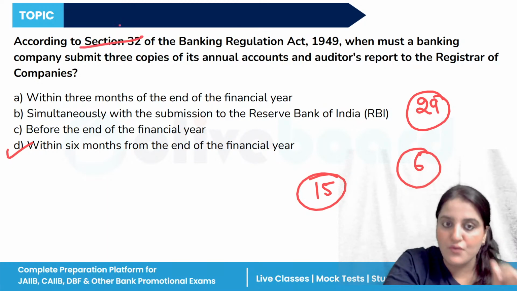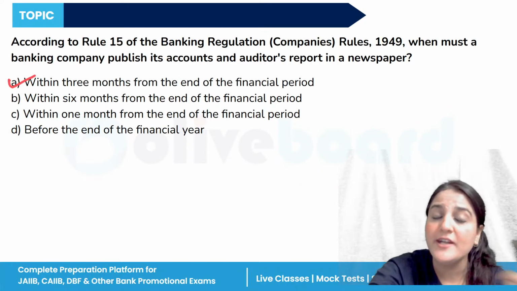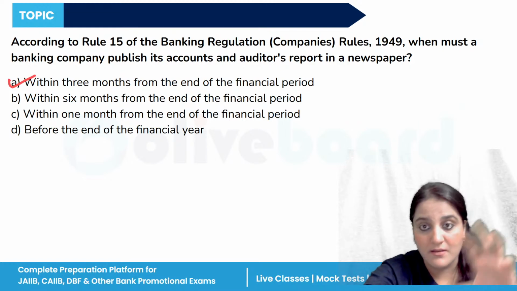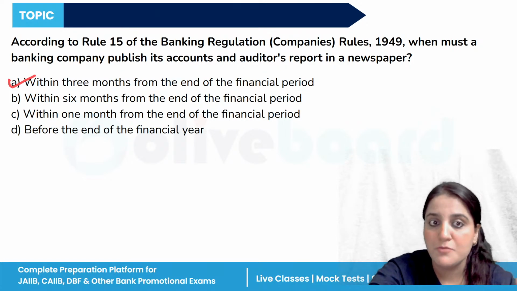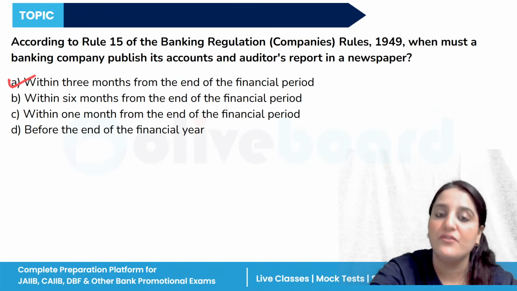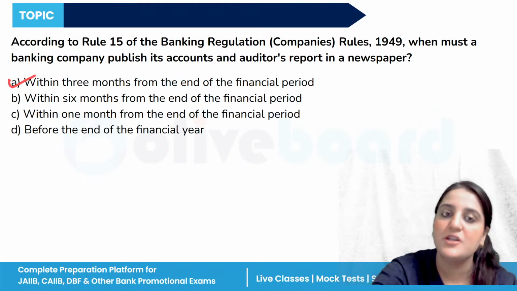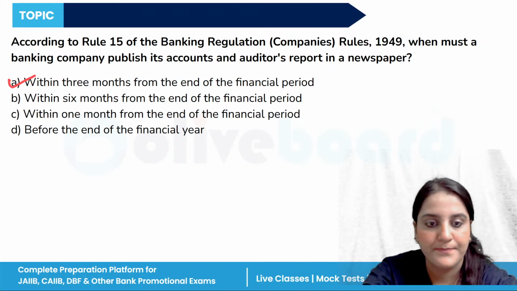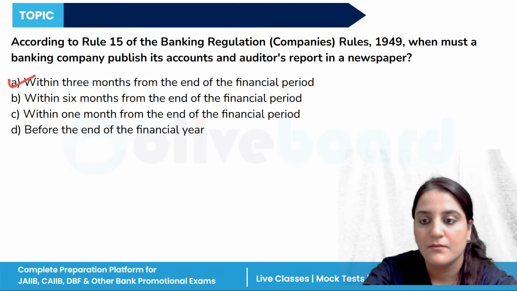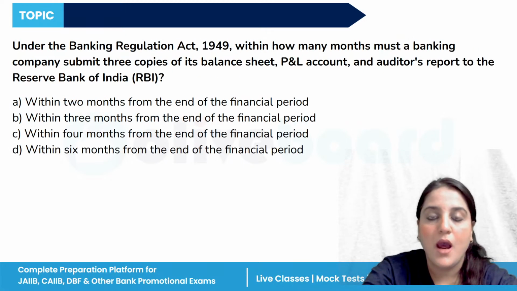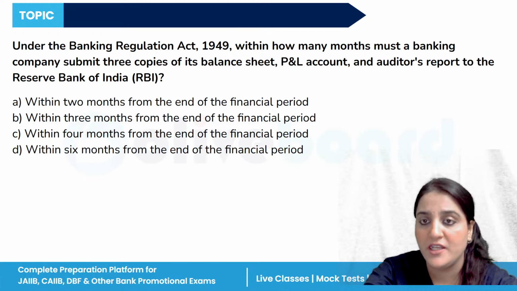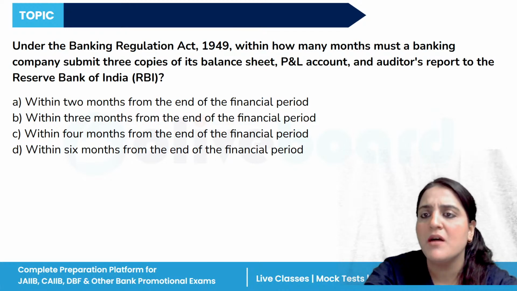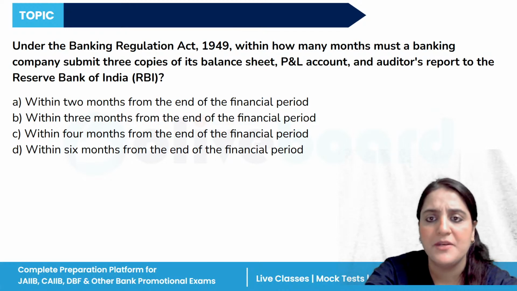According to Section 32, within 6 months, and according to Rule 15, the publication will be in the newspaper within 3 months from the end of the financial period. So here option A is correct. Understand? Next, under the Banking Regulation Act 1949, within how many months must a banking company, this question is repeated.